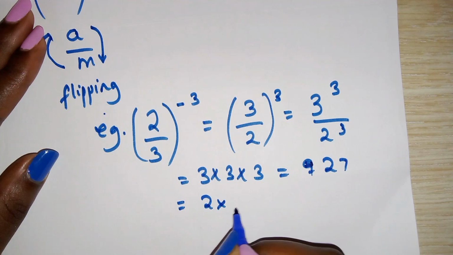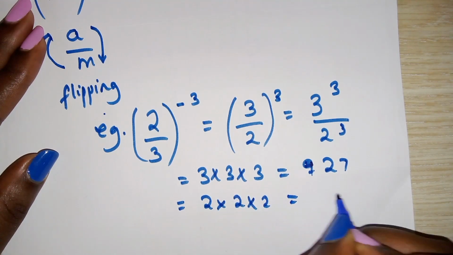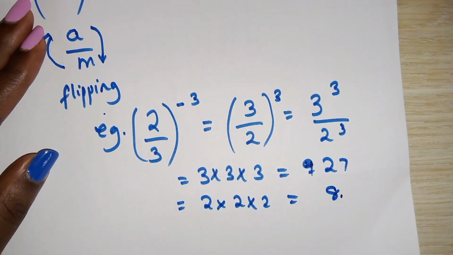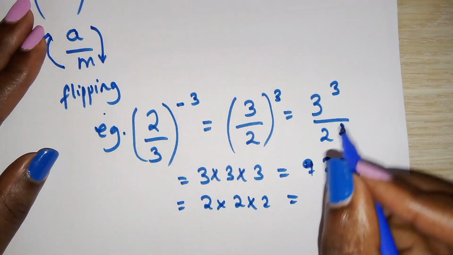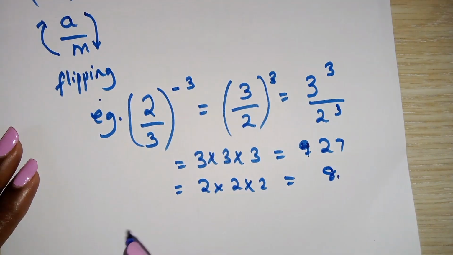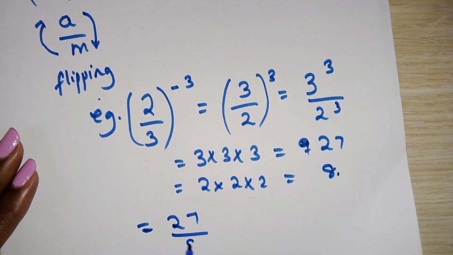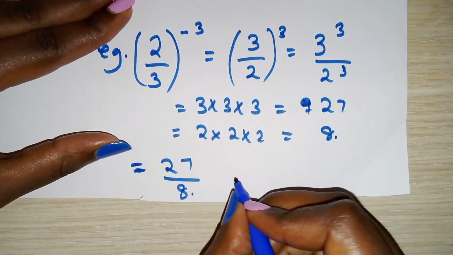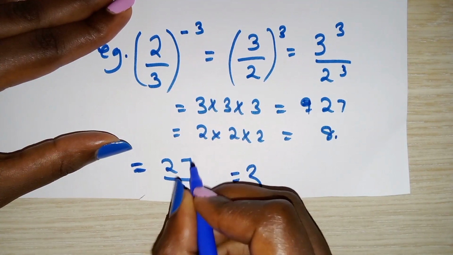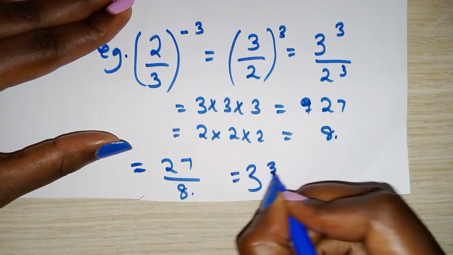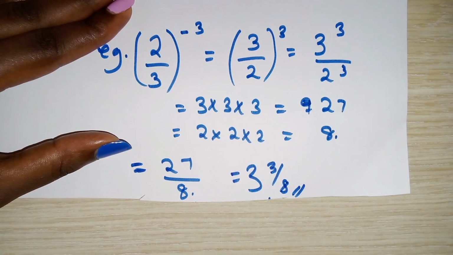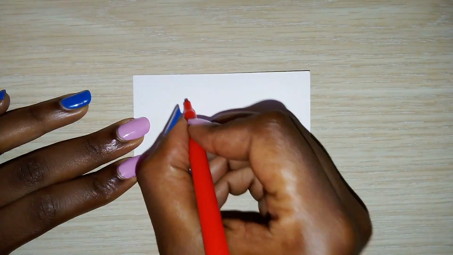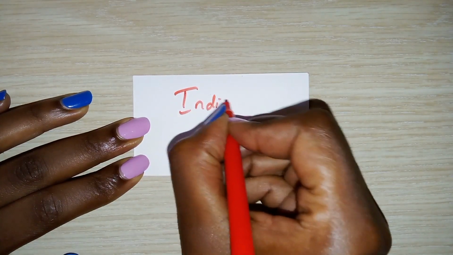And then 2 times 2 times 2 equals 8. So this one will give us 27 over 8. 8 goes into 27 3 times because of 24, and then the remainder is 3 over 8. So that's the answer. That marks the end of our lesson today on indices.